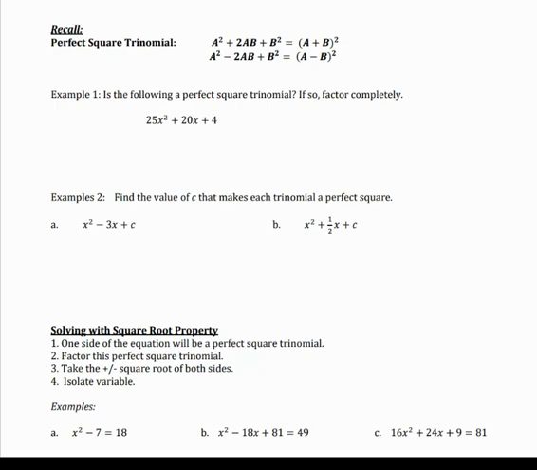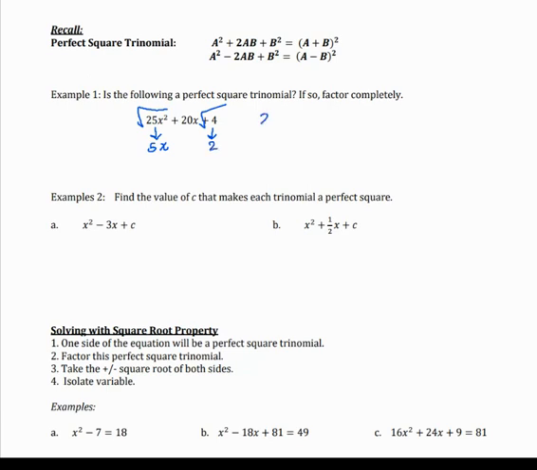So let's clarify with an example what it means to be a perfect square trinomial, and then let's factor that completely. I'm going to check by saying, is the first a perfect square? Yes. The square root is 5x. Is the second a perfect square? Yes. The square root is 2.